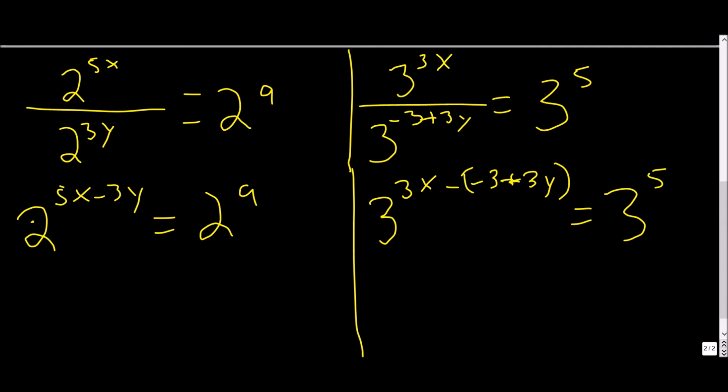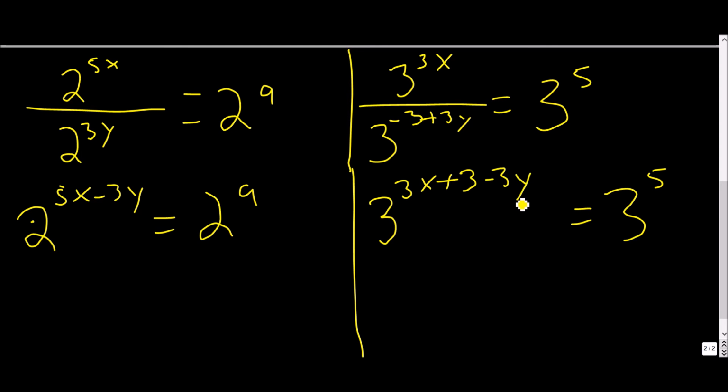Now, what we're going to see here is that negative 3 makes a positive 3, and a negative positive 3y makes a negative 3y. So this becomes plus 3 minus 3y.